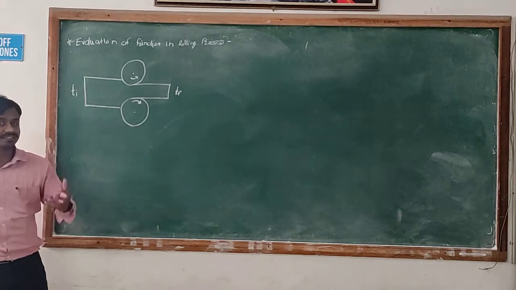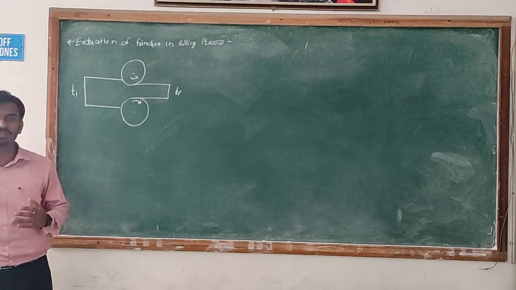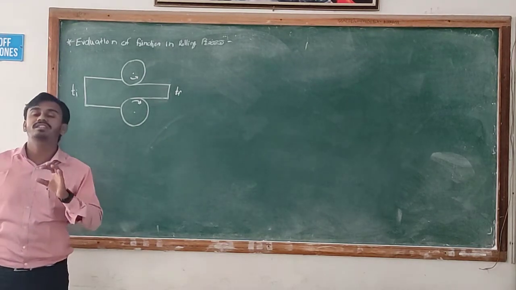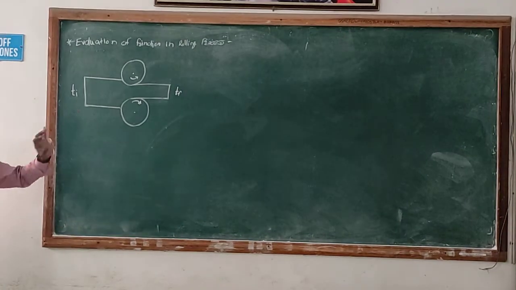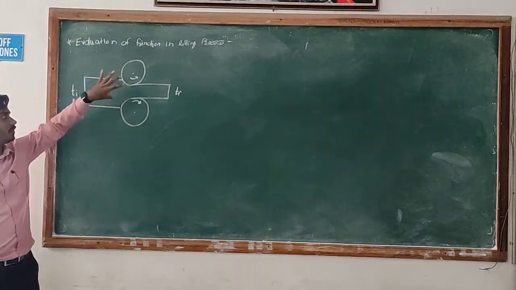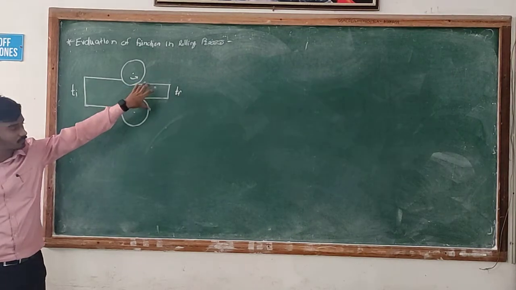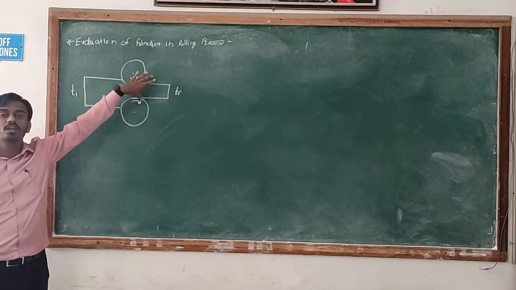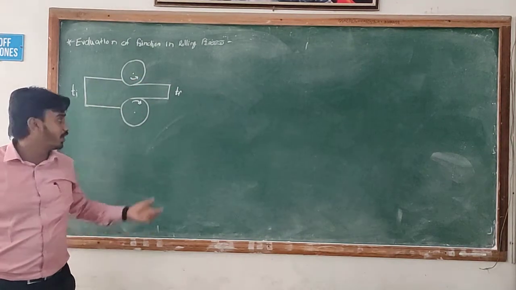As we discussed in the last session, rolling is one type of forming process which is used to reduce the thickness of the material. So these are the two rollers, and this is the raw material passing through the rollers, and due to the force the thickness of the material reduces.